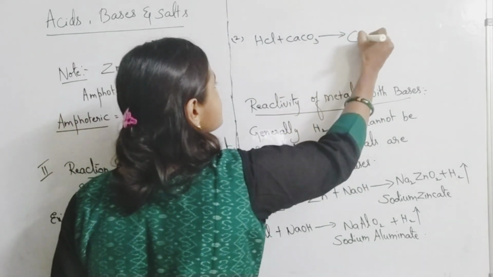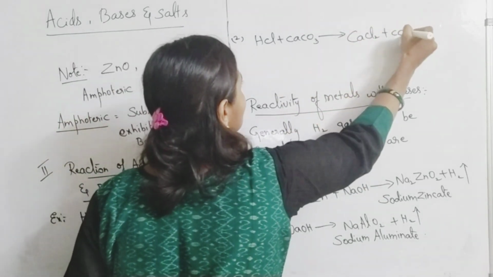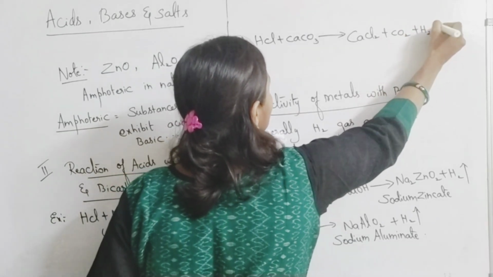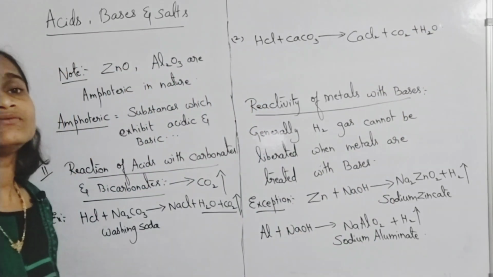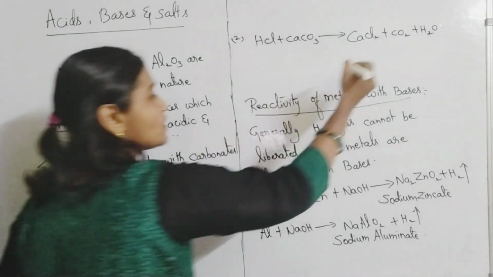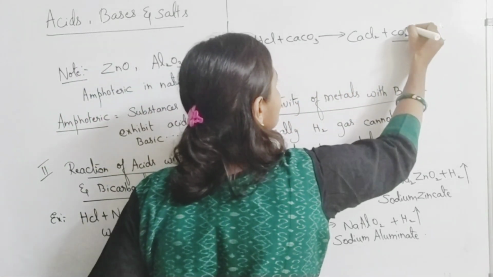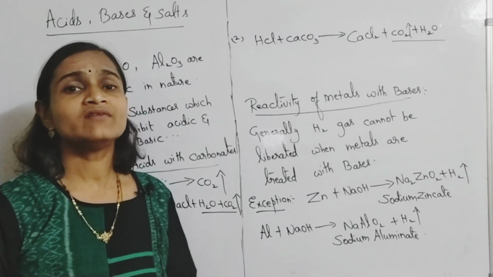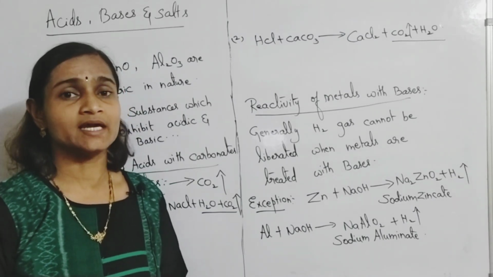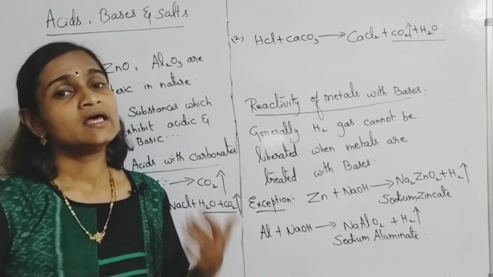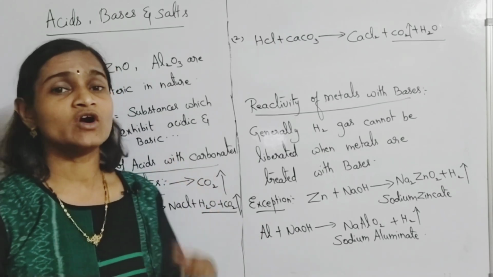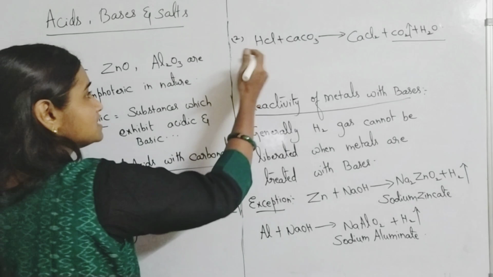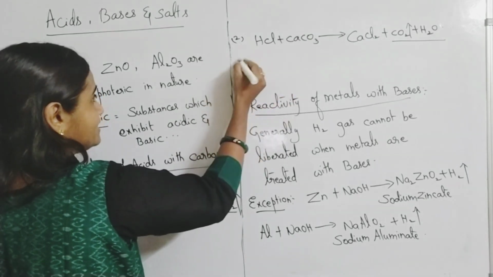So like this the standard products you are going to get are CO2 and H2O, and the gas liberated is carbon dioxide. And you might have learnt about the test for carbon dioxide. Carbon dioxide turns lime water milky. That is the test for carbon dioxide gas.